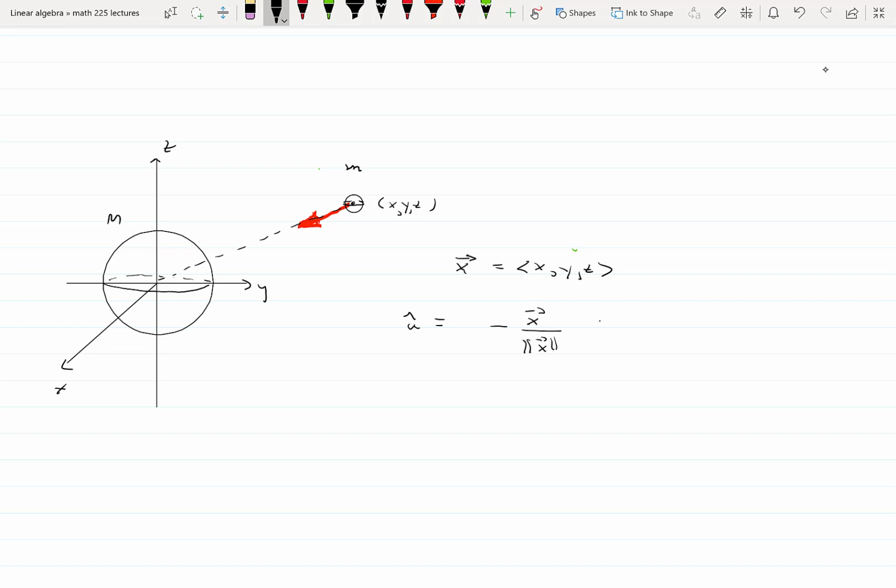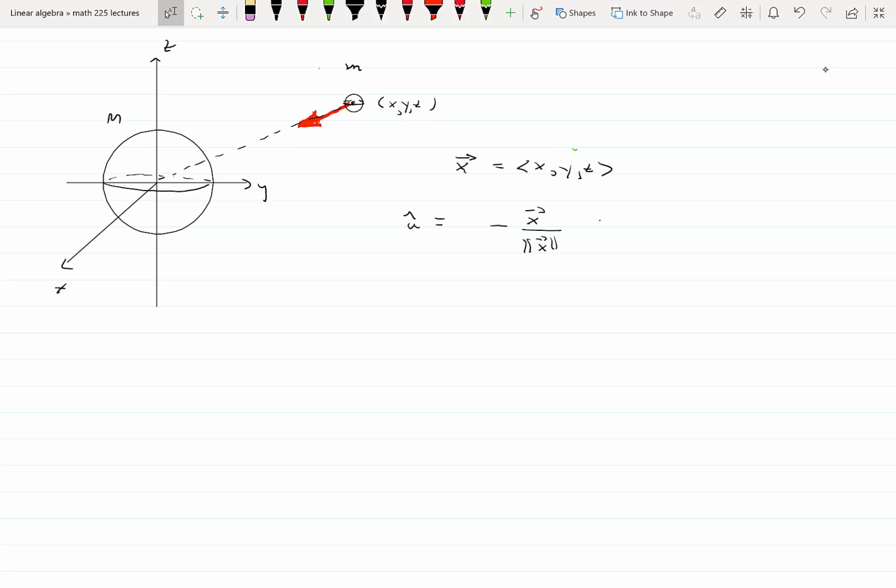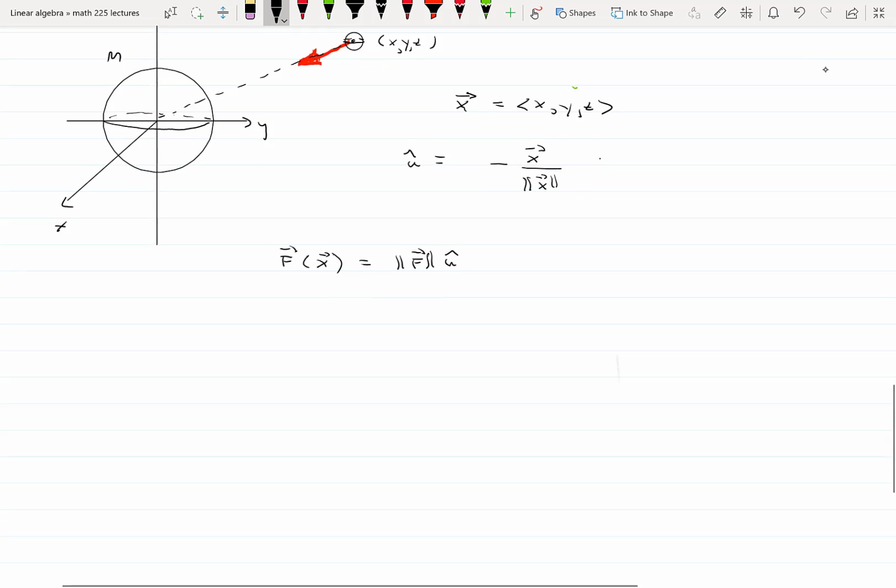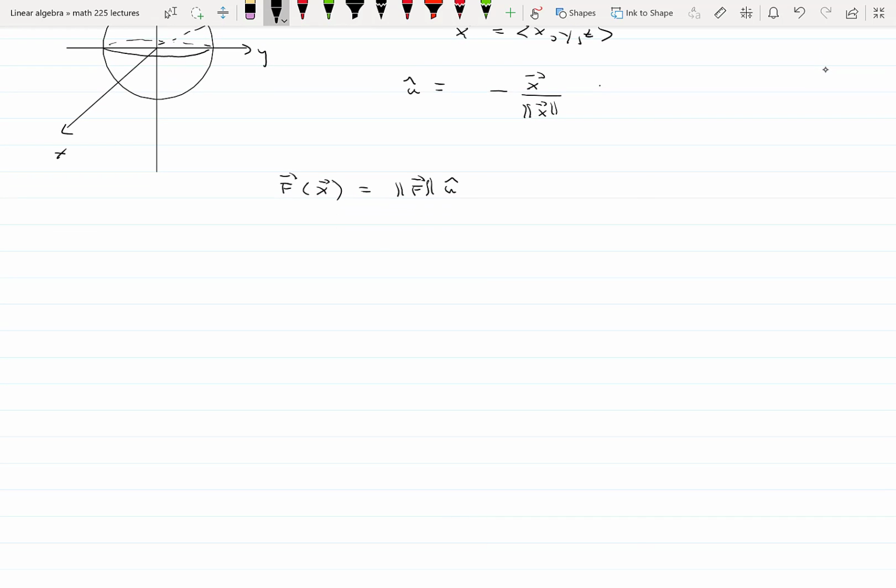Then we constructed the actual Newton's law of gravitation, the force vector evaluated at the position vector x, to equal the magnitude of the force times the unit vector pointing backwards from the center of the Moon, or the other object, to the center of the bigger object. In this case, we're looking at Moon and Earth.